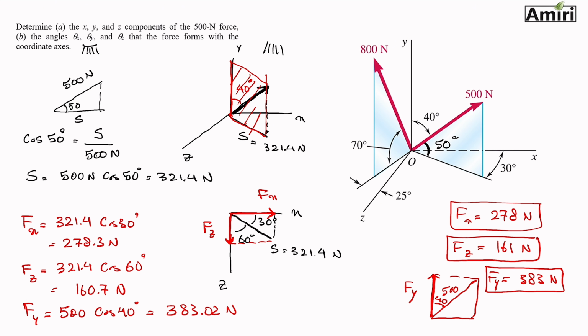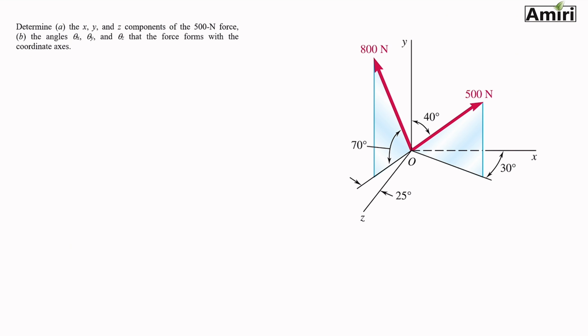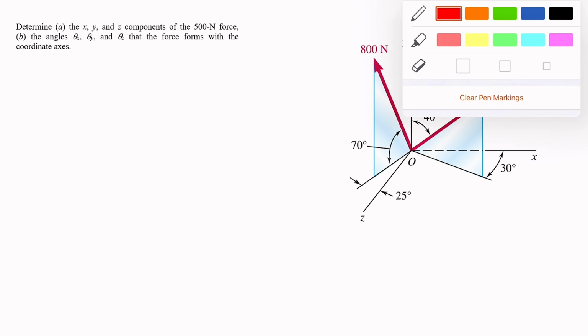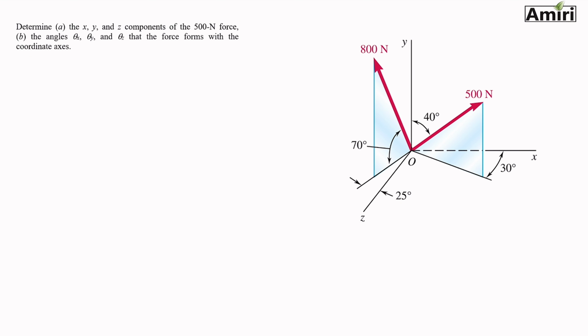Part B, it says find the angles theta x, theta y, and theta z. These are the angles that the 500 makes with each axis. So let's clean this up and let's start working on that one. So remember, a vector, if all three angles are known, z, x, this is a 3D vector, vector F. It makes angle alpha with the x-axis, beta with the y-axis, and gamma with the z-axis.